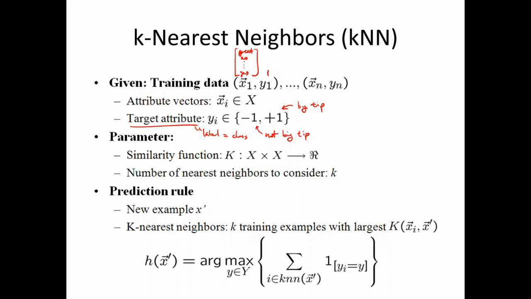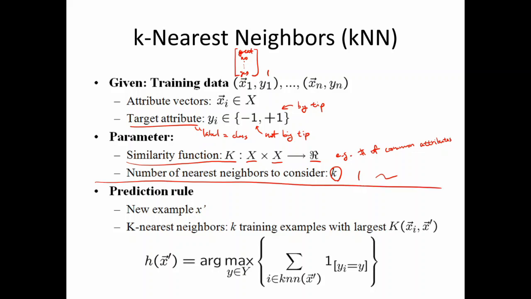And then we have to have some notion of similarity that takes 2 vectors and outputs a real value. So one example could be the number of attributes that are common. And we also have to decide how many neighbors we're going to consider. 1 would be the smallest, and it could be very big.